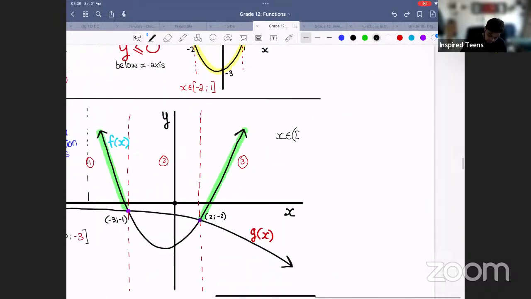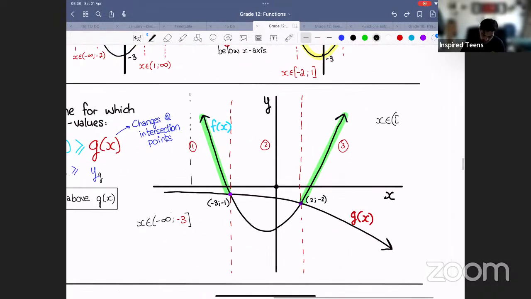Now tell me, do I include or exclude positive 2? Include.